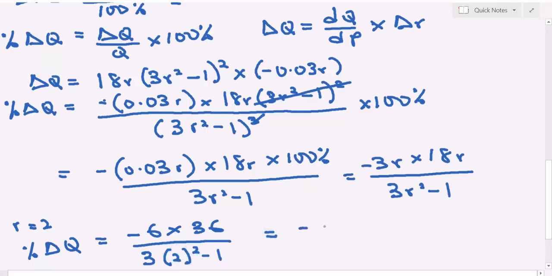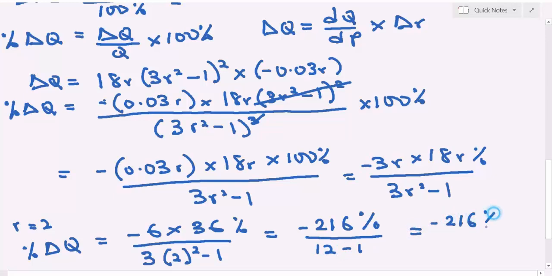This will give us minus 216. Please, percent. Let us not miss the percent out. Minus 216% all over 12 minus 1. This is the same thing as minus 216% all over 11.